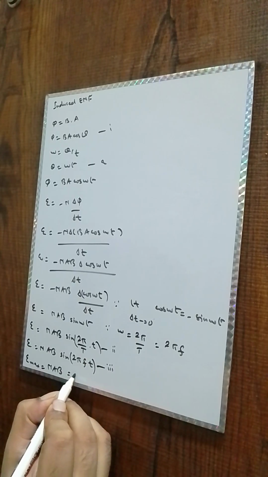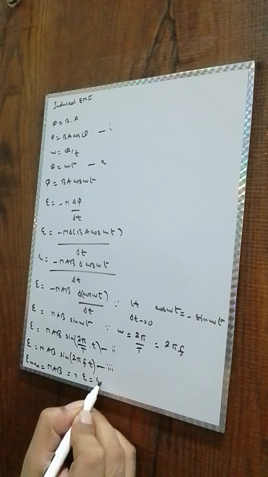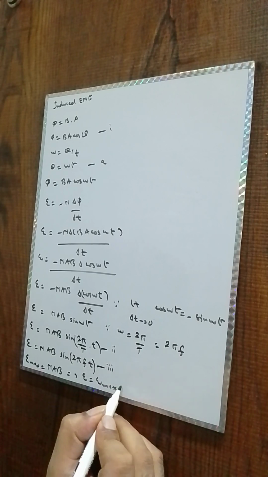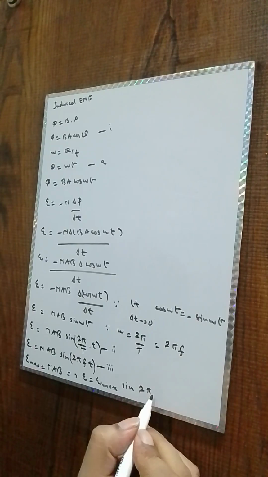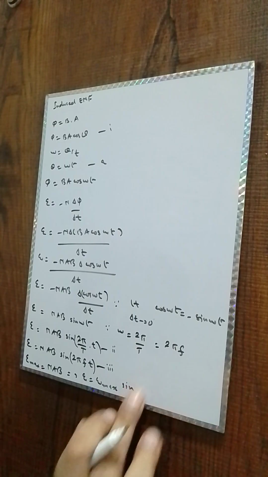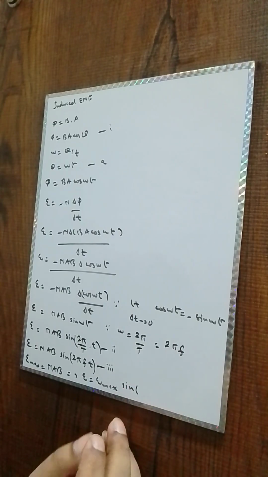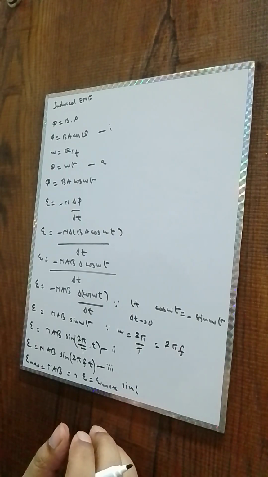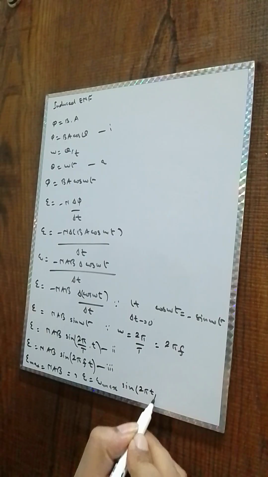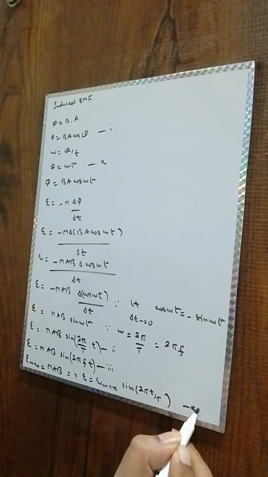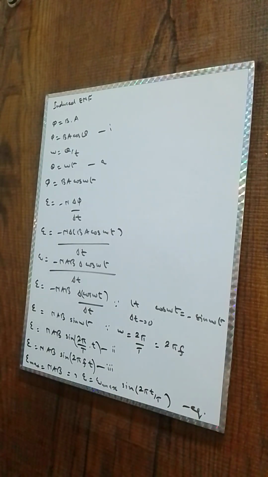So this implies that E will be equal to E max times sine 2 pi t by T. Yes, so this becomes an equation of interest.